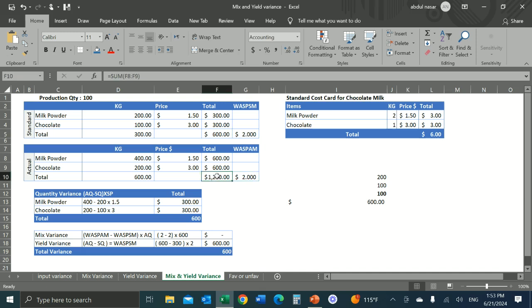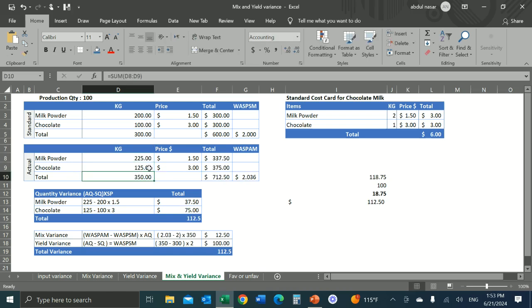Here you are taking 1200 divided by 600, and there 600 divided by 300. Same proportion, so you will not have any difference when you have the same proportion of actuals.